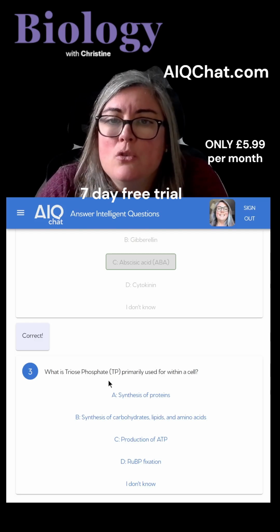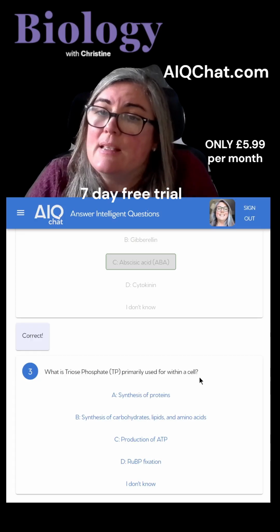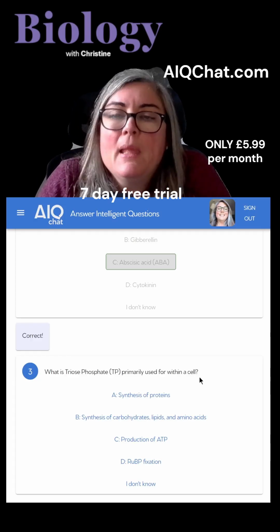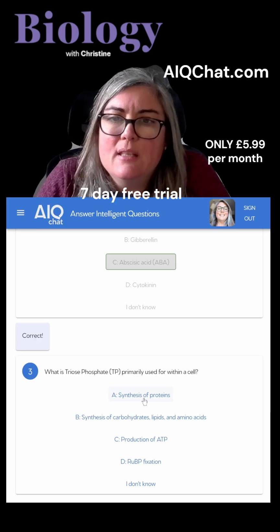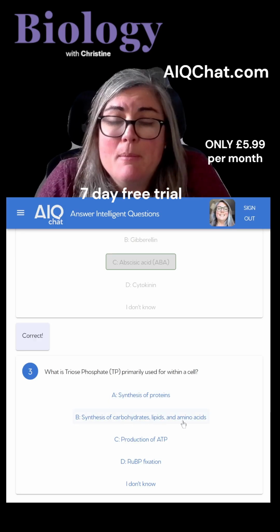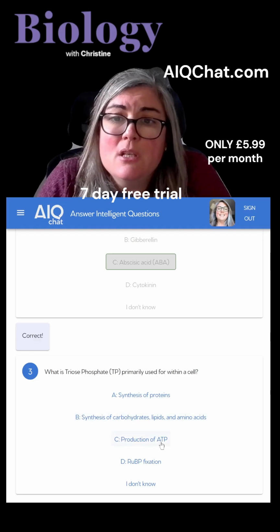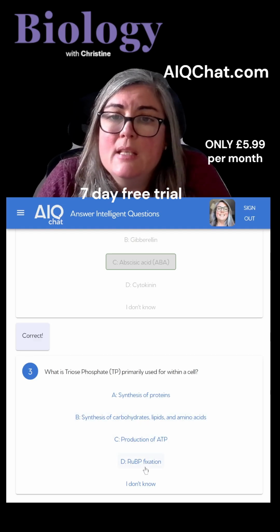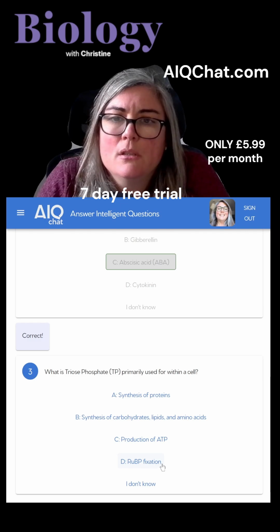Right, what is triose phosphate, TP, primarily used for within a cell? Okay, triose phosphate, is it for synthesis of protein? Is it synthesis of carbohydrates, lipids, and amino acids? Is it for the production of ATP? Or is it for RuBP fixation?